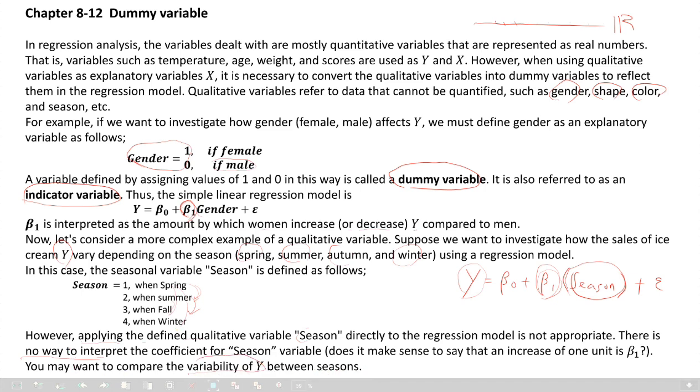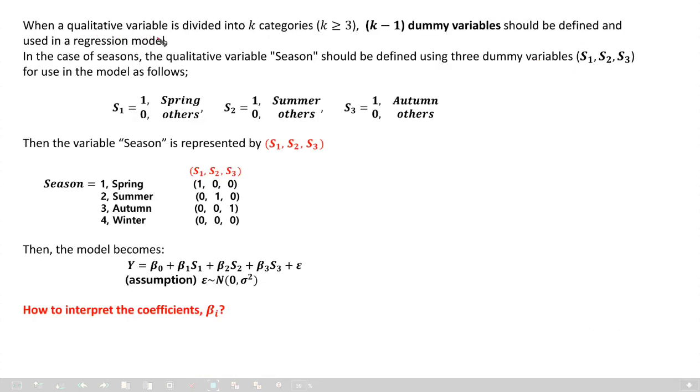When a qualitative variable is divided into k categories, k greater than or equal to 3, k minus 1 dummy variables should be defined and used in the regression model. In the case of season, the qualitative variable season should be defined using 3 dummy variables, S1, S2, and S3, like this.